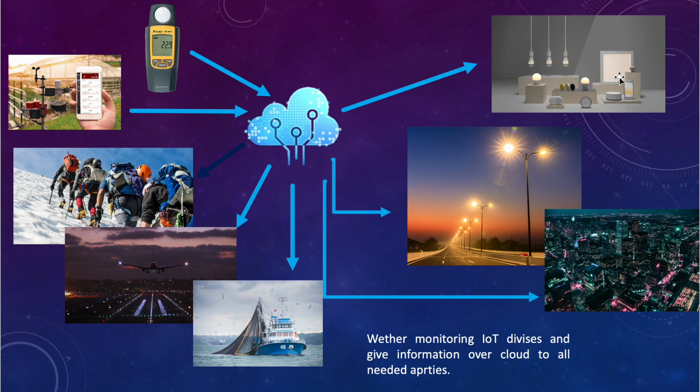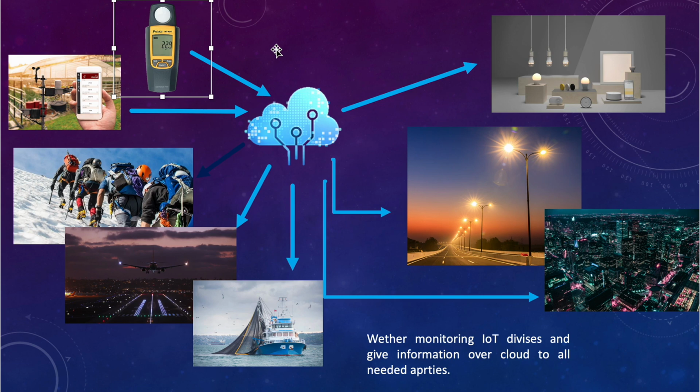So first things first, smart lights. Information can be taken from the internet about what the outside light intensity would be. This instrument is very commonly seen in cricket matches, especially in test cricket matches. You can see the umpires using this instrument to measure the intensity of light.